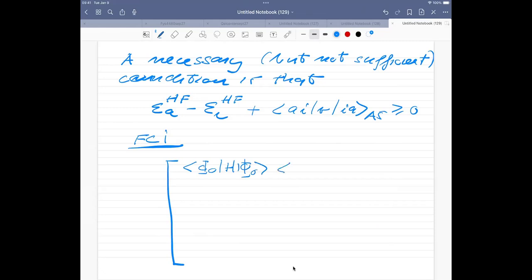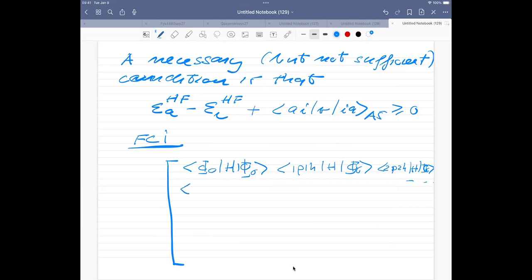And then we have a one particle, one hole block of H, phi 0. Then we have the two particle, two hole block, H with phi 0. And this goes on to the n particle, n hole excitations we can make.